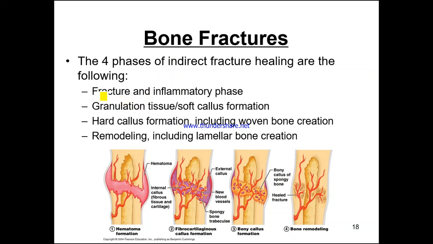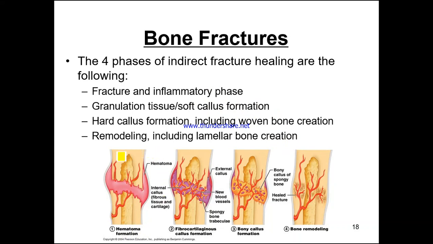We have fracture and an inflammatory phase, granulation tissue soft callus formation, hard callus formation including woven bone creation, remodeling including lamellar bone creation. And this is what we go through as we start to look at this histologically as well. So here we have the first stage, the hematoma formation.